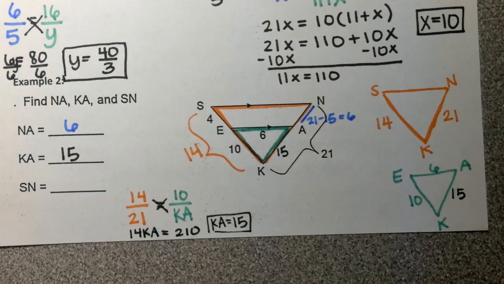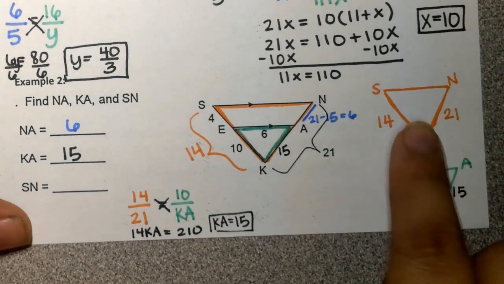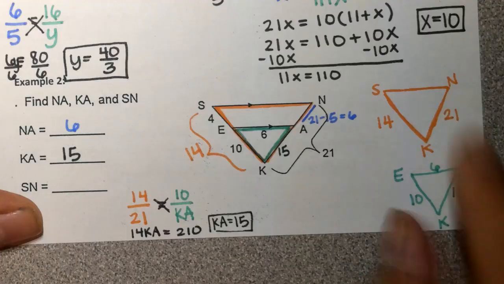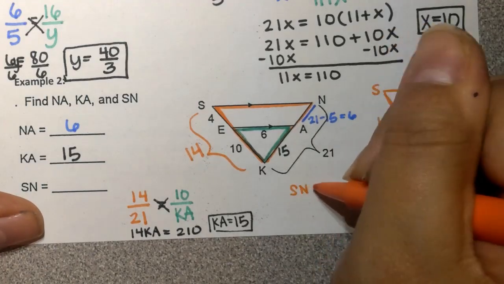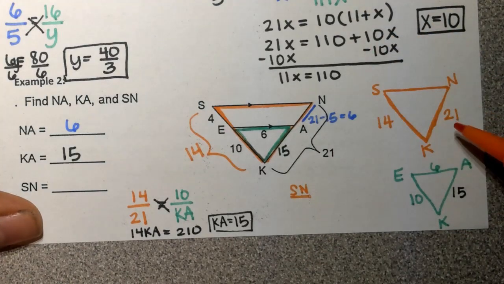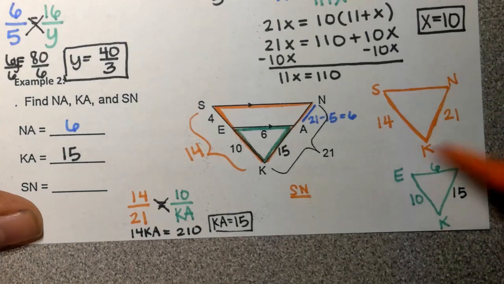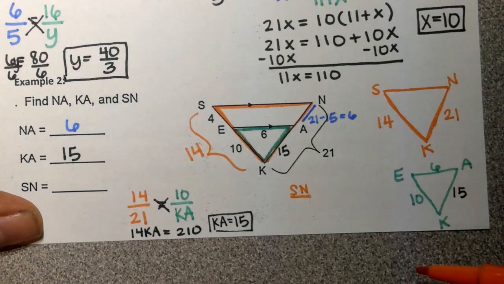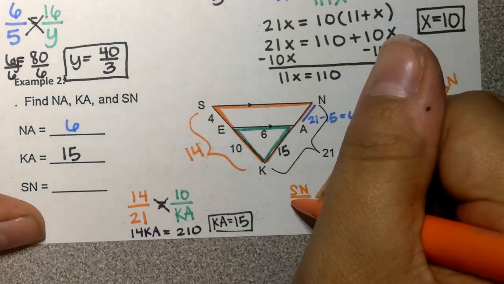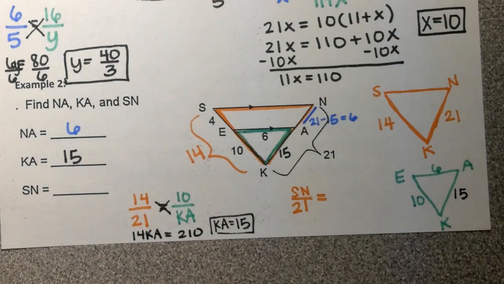How do I find SN? What do I know about my big triangle? Do I know SN? No, but what do I know? Choose one of them. It doesn't matter. You can choose 21, you can choose 14. I heard 2 people say 21, so I'm going to do 21.